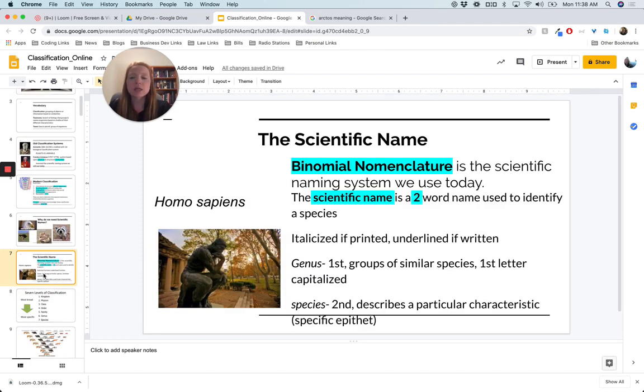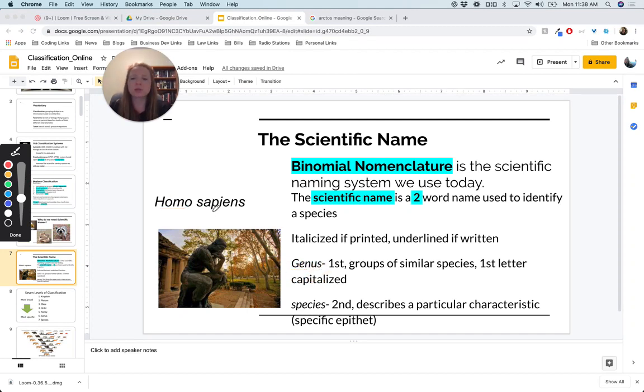So the scientific name is going to consist of two names. So we sometimes refer to it as binomial nomenclature because bi means two, nomial name, so two name nomenclature naming system. So a two name naming system. So let's look at the human scientific name. We have Homo sapiens. So Homo is going to refer to our genus, and that's going to be a group of similar species.